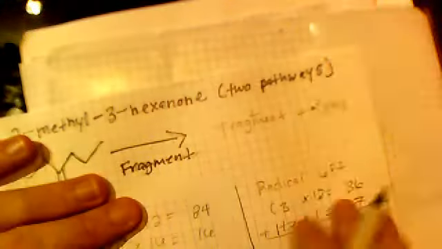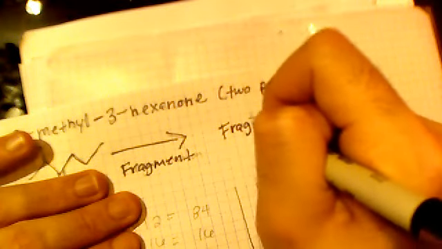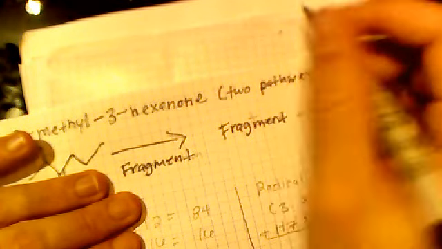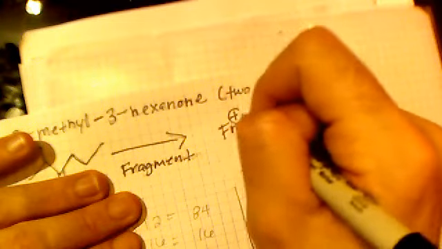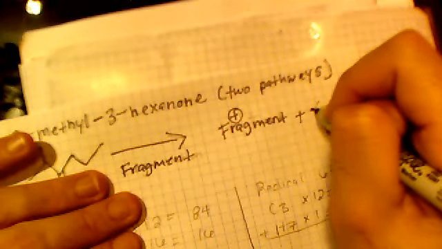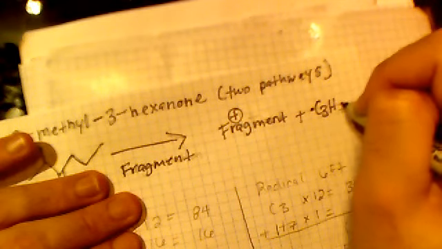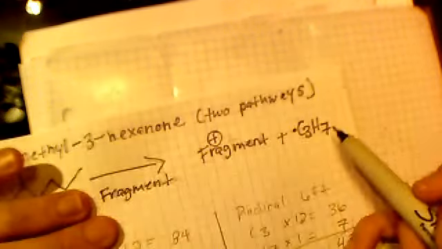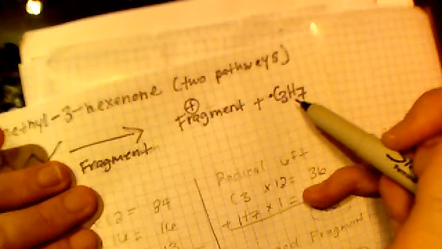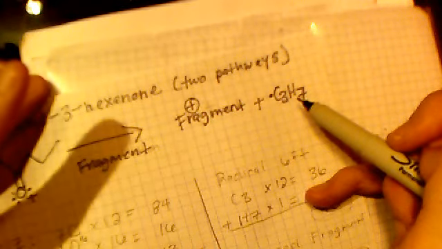And then you're going to have the fragment, which is going to be positively charged, and then you're going to have your neutral radical. And Wiley says that the neutral radical is C3H7.